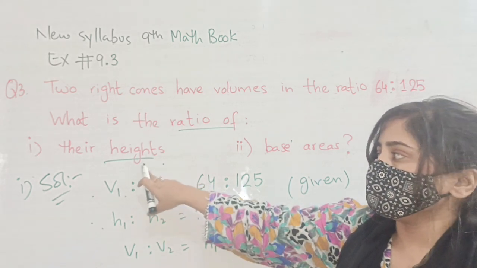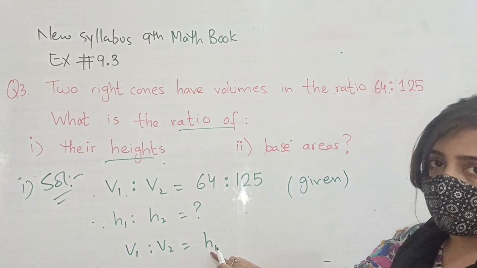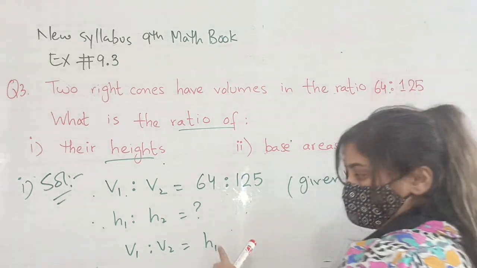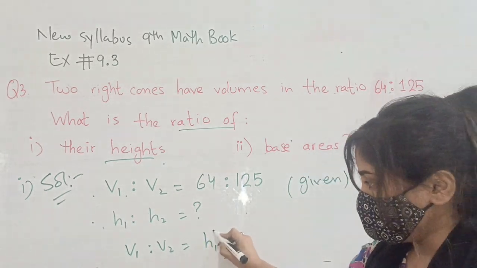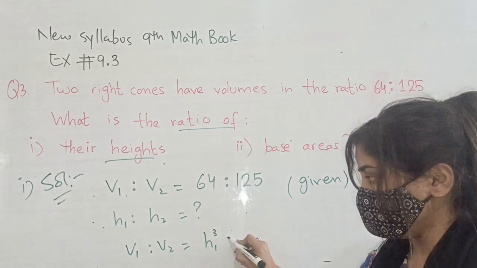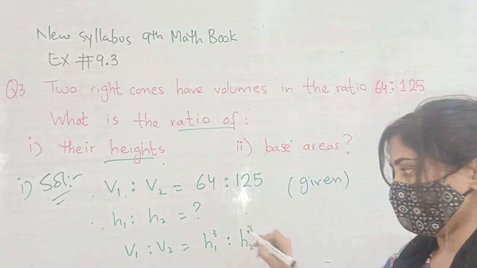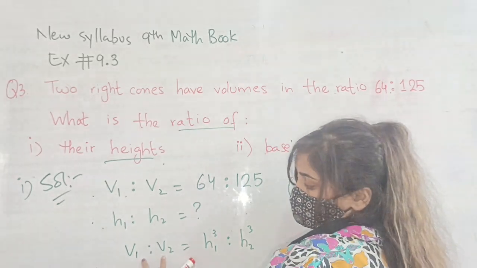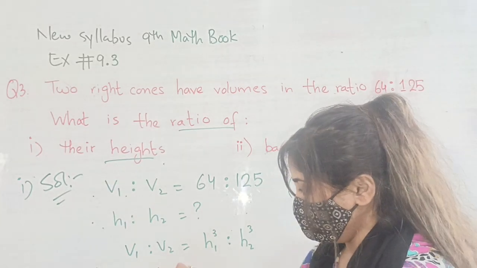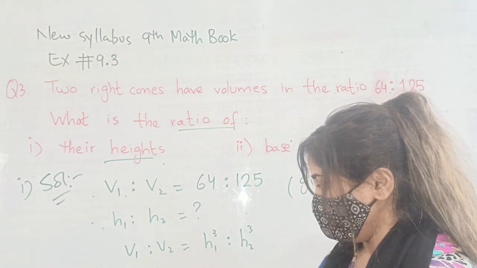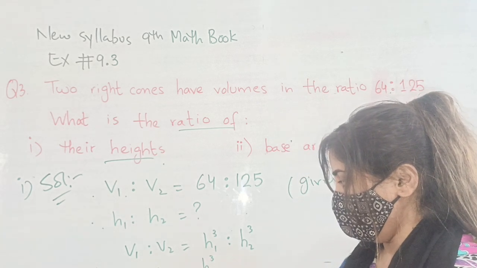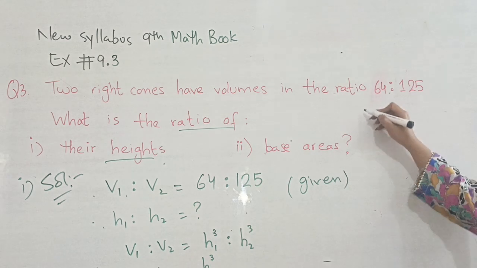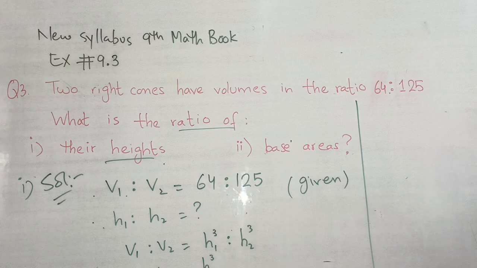In this question they use the word height, so instead of L or R, we use H. We can write the volume ratio as the fraction V1 upon V2 is equal to H1 cube over H2 cube.